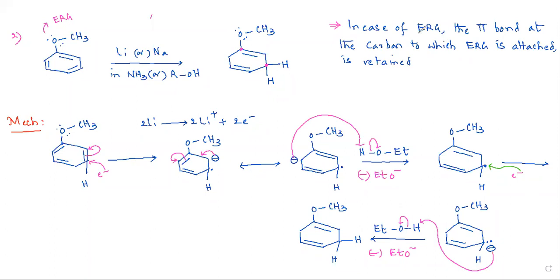So when there is a releasing group, pi bond is retained. Withdrawing group, pi bond is withdrawn. Releasing group, pi bond is retained.